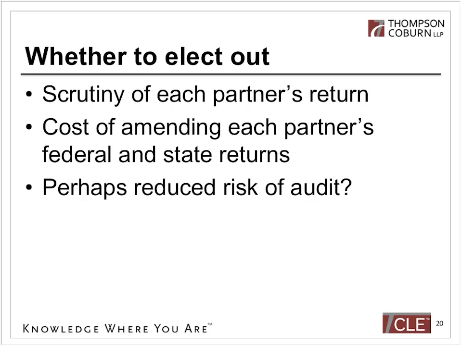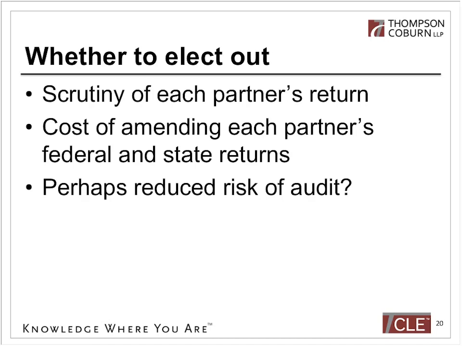So that person wound up having huge consequences to having had his prior return looked at. If these rules had been in effect then the partnership would have just paid the tax, and his individual return never would have been subjected to that audit, and that would have saved him a lot of money.